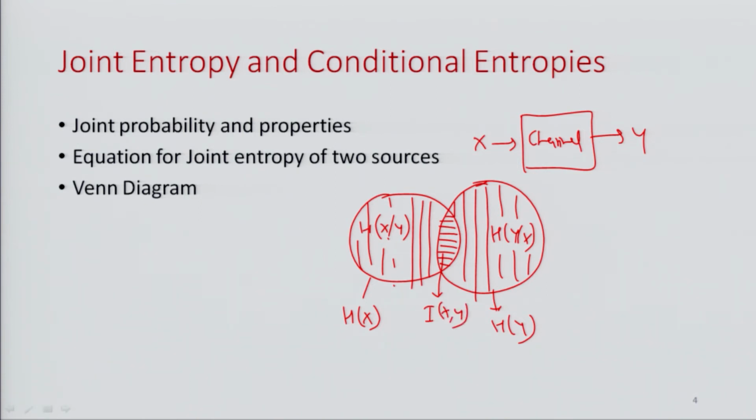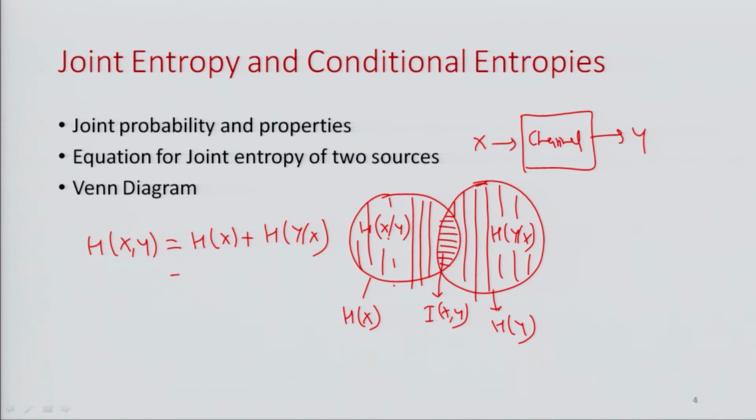Then the joint entropy H(X,Y) will be equivalent to what? H(X), this is completely H(X), and the remaining part, that is H(Y|X).